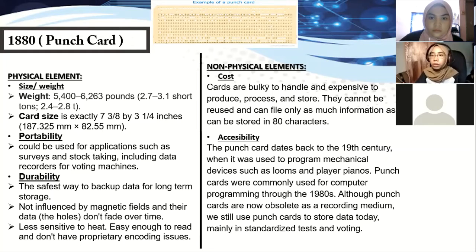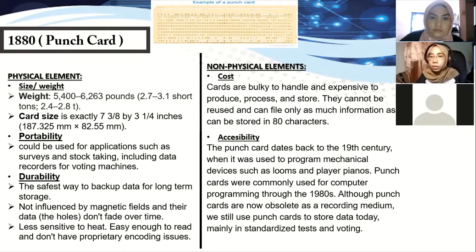So for the cost, cards are bulky to handle and expensive to produce, process and store. They cannot be reused and can hold only as much information as can be stored in an 80-character card.